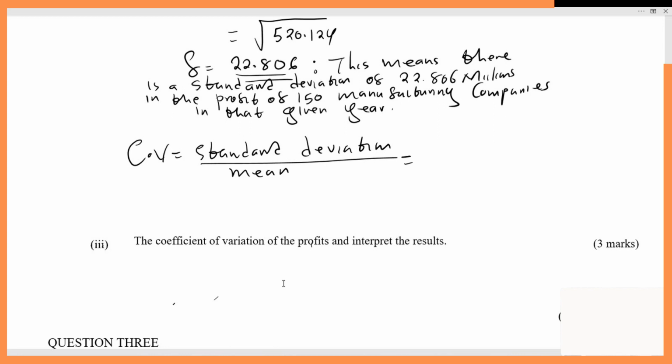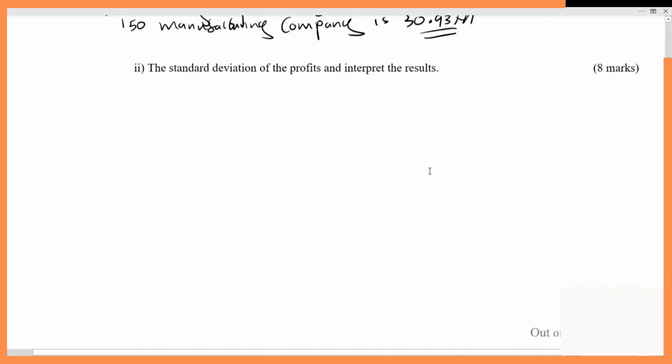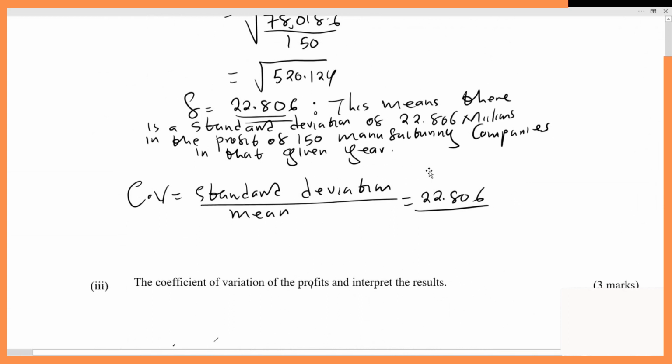In this case, we have our standard deviation as 22.806 divided by the mean. What was our mean? The first thing we did in this question, the mean was 50.93. 22.806 divided by 50.93 gives me 0.448.